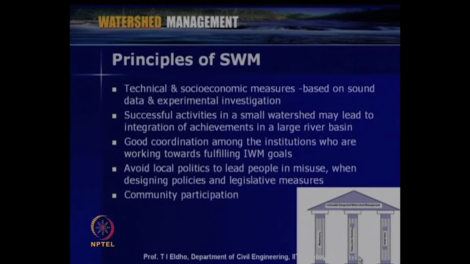Then we look into planning and policy, which is another pillar. Then there is the overall education and overall development of the region. These are some of the important aspects of sustainable watershed management.